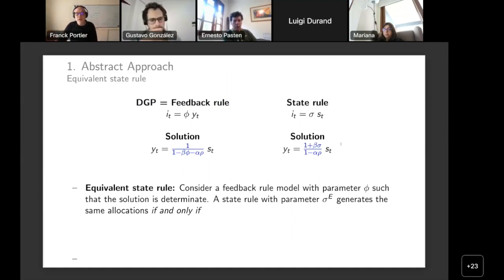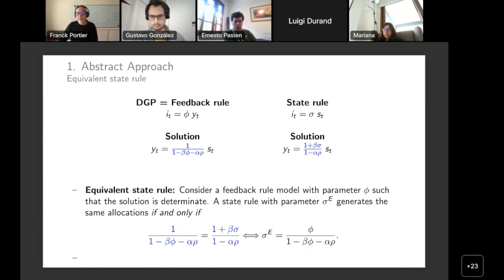Because if they are equal, then the path of y will be the same in the two worlds. So you see that I need this blue term to be equal to this blue term. I know the value of phi, so I can solve this in sigma, and I can find what I call my equivalent sigma. So this is telling me a state rule with parameter sigma e of that value will generate the same allocations. Okay. Good.